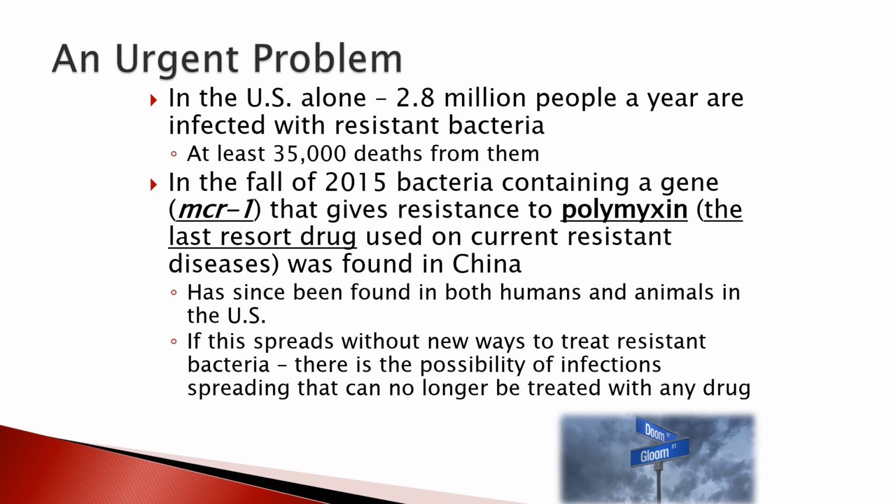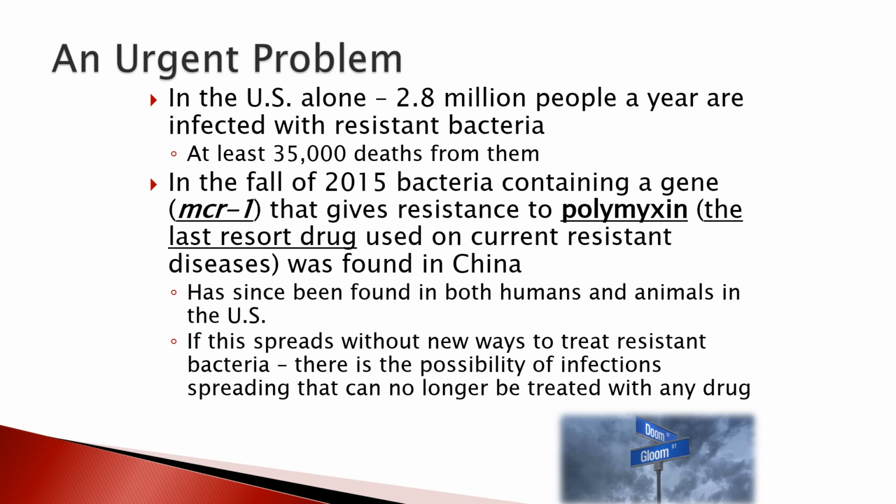Now, we need to do something in the meantime to try to find ways to look at antimicrobials, new approaches to antimicrobials that can help in the meantime before that gene starts jumping and that polymyxin becomes not the last resort anymore.